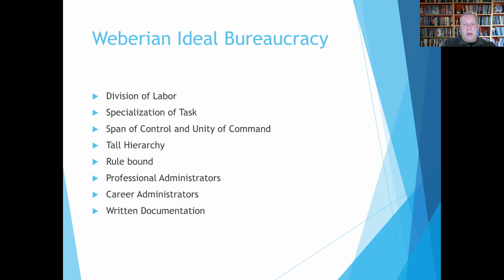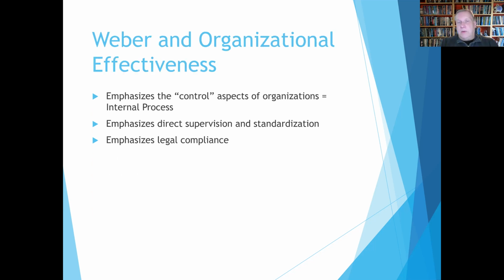So everyone is treated in a fair and equal manner. So his ideal bureaucracy is very structurally based. And if we can structure our organization to meet all of those different principles, if you will, of an ideal bureaucratic structure, we can then be efficient and effective as an organization.